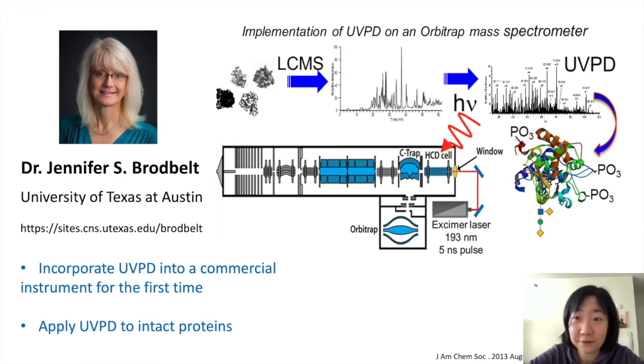Her group focuses on the development and applications of photodissociation mass spectrometry for studying biological molecules, not only peptides and proteins, but also nucleic acids, lipids, and so on. Dr. Brodbelt has worked with Thermo Fisher Scientific to implement the technique on Orbitrap instruments.